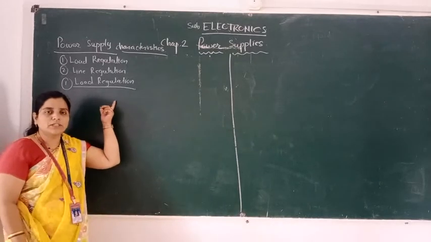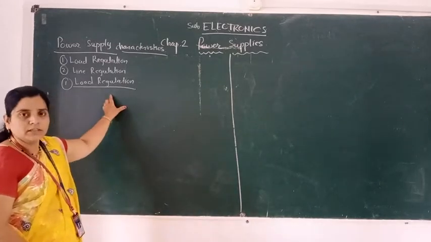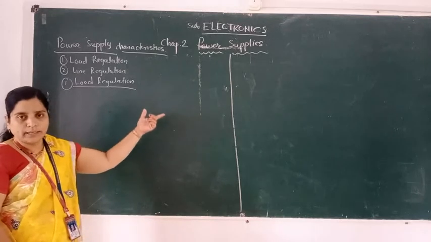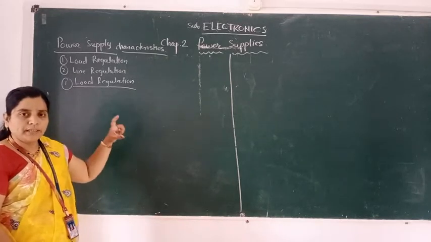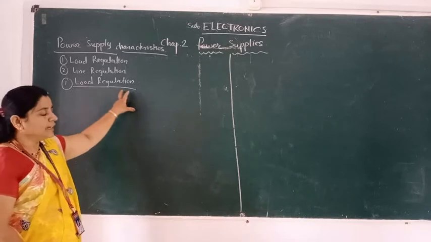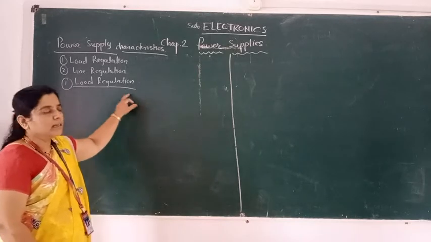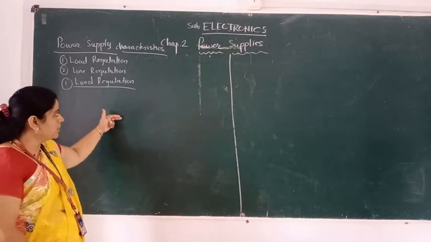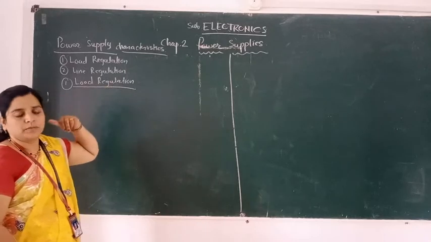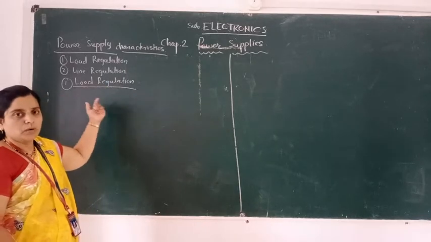What is the load regulation? When there is a change in regulated output voltage, the current flows from minimum value to maximum value. It's called the load regulation.